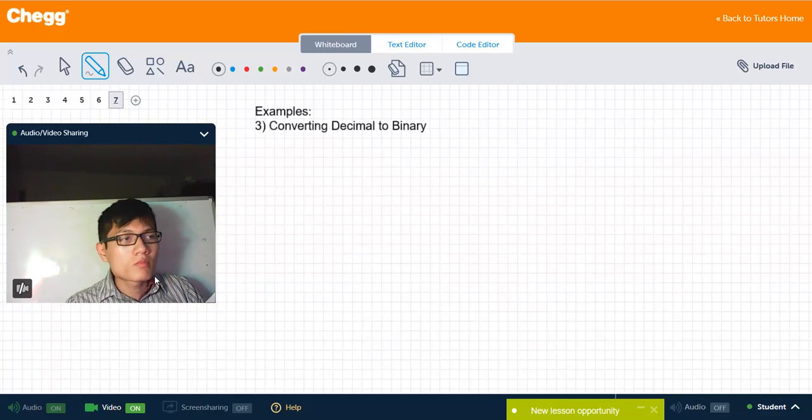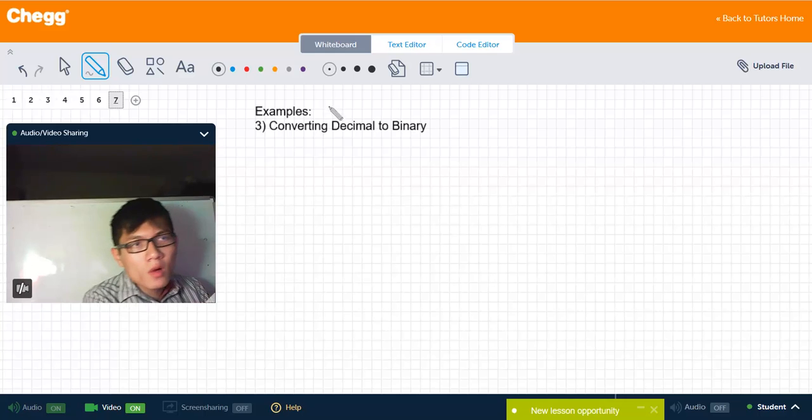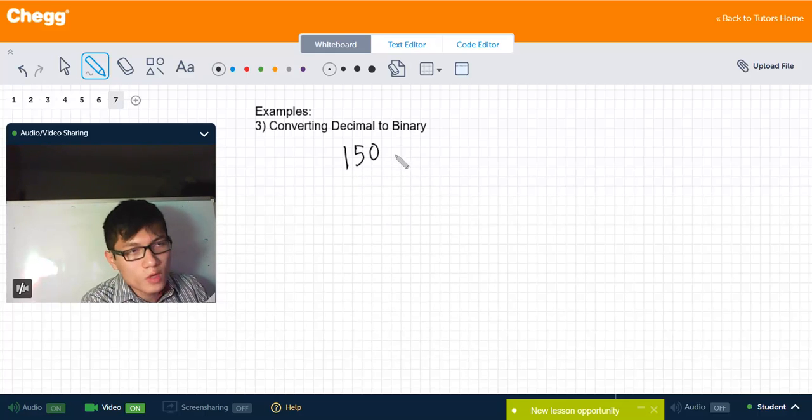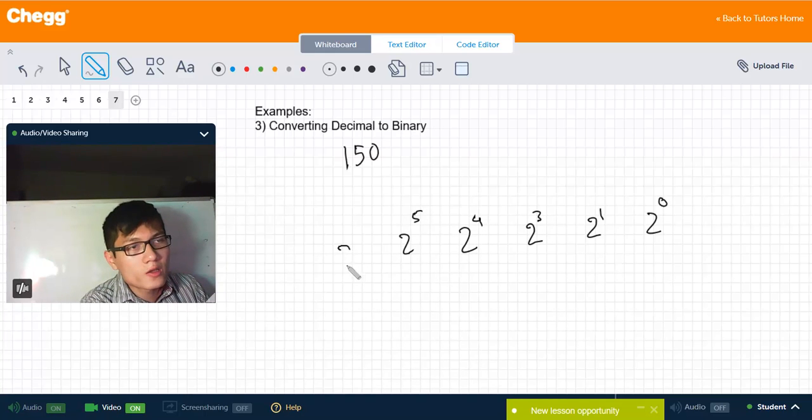Okay, so the last example, let's do one more practice on converting decimal to binary. So now let's do another big number, for example 150. You want to convert 150 in decimal, base 10, to binary, base 2. So again, I write 2 to the 0 first, 2 to the 1, 2 to the 2, 2 to the 3, 2 to the 4, 2 to the 5, 2 to the 6.